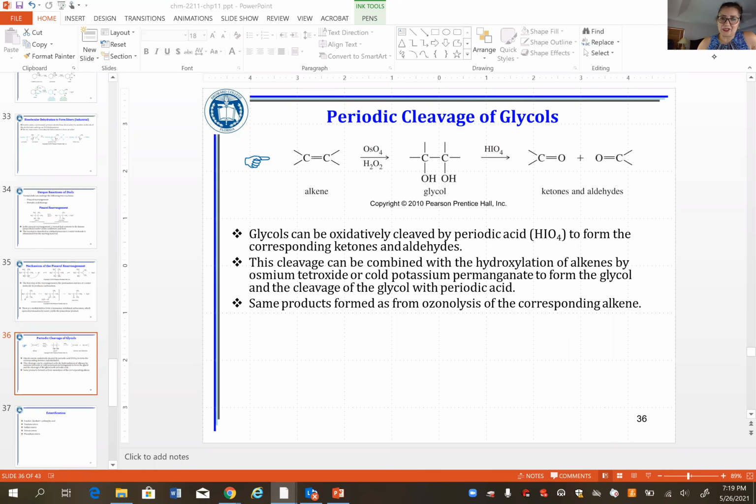The substitution reaction, where you use HCl: what catalyst do you have to use with HCl? You would use zinc chloride with the HCl, or you would use thionyl chloride. When you use thionyl chloride, you just use the thionyl chloride by itself.